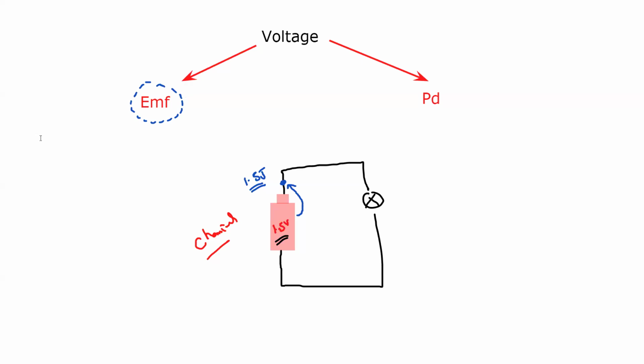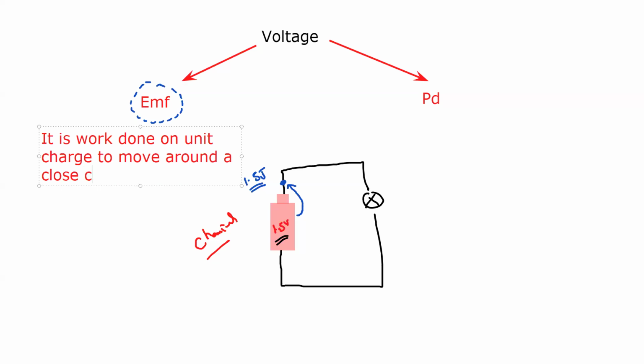EMF is defined as the work done on a unit charge. How much work is done on a unit charge to move around a closed circuit, or how much energy is provided to a charge to move around the circuit, we call that EMF or electromotive force.